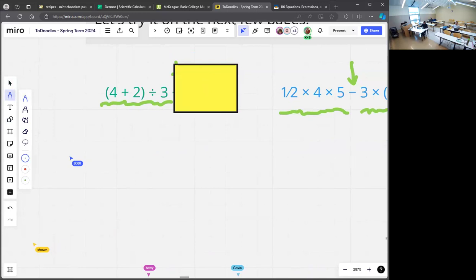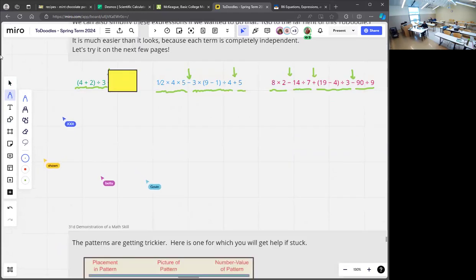Okay, 4 plus 2, all of that divided by 3. What do I do first? Think about PEMDAS again.